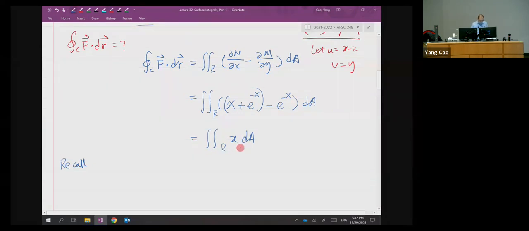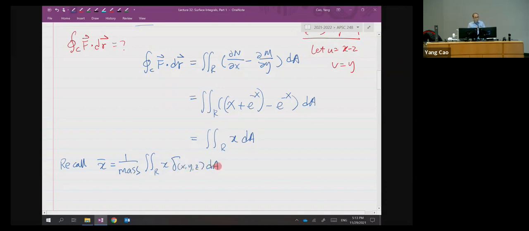So now, if you recall, one of the applications for double integral is to calculate the center of mass. And the formula for that is 1 over the mass, and then integrate over R x times the density, and then dA, right?